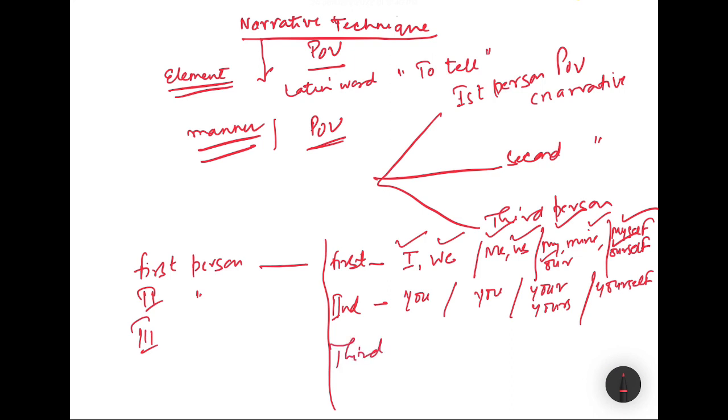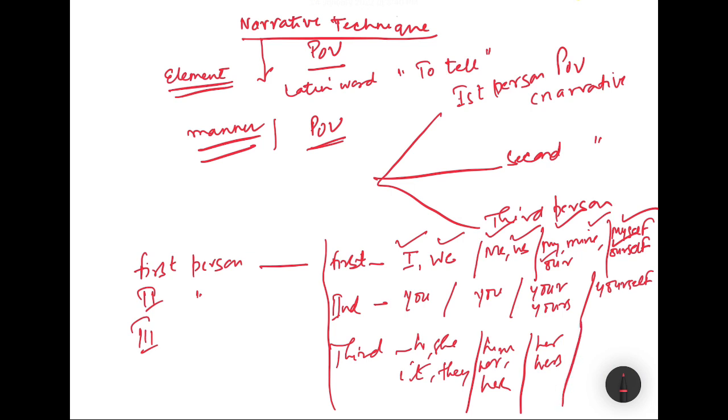In the third person narrative, we'll have, for example, he, she, it, they as subjective. In objective, we'll have him, her, hers, its, etc. In possessive, we'll have, say, her, hers. In reflexive, we'll have himself, herself, themselves, etc. So if we have the dominance of these pronouns, we'll have that kind of narrative.